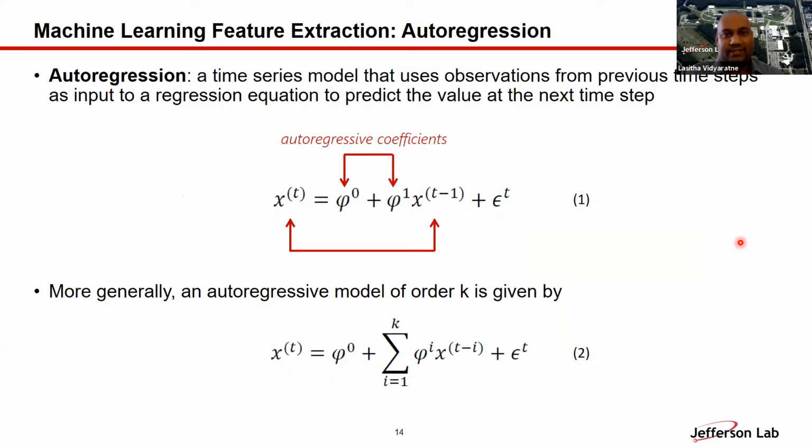A quick idea about autoregressive coefficients. So autoregression process is basically a regression process that is applied to time series signals in the hopes of predicting the next time step given a time series signal of a certain number of steps.